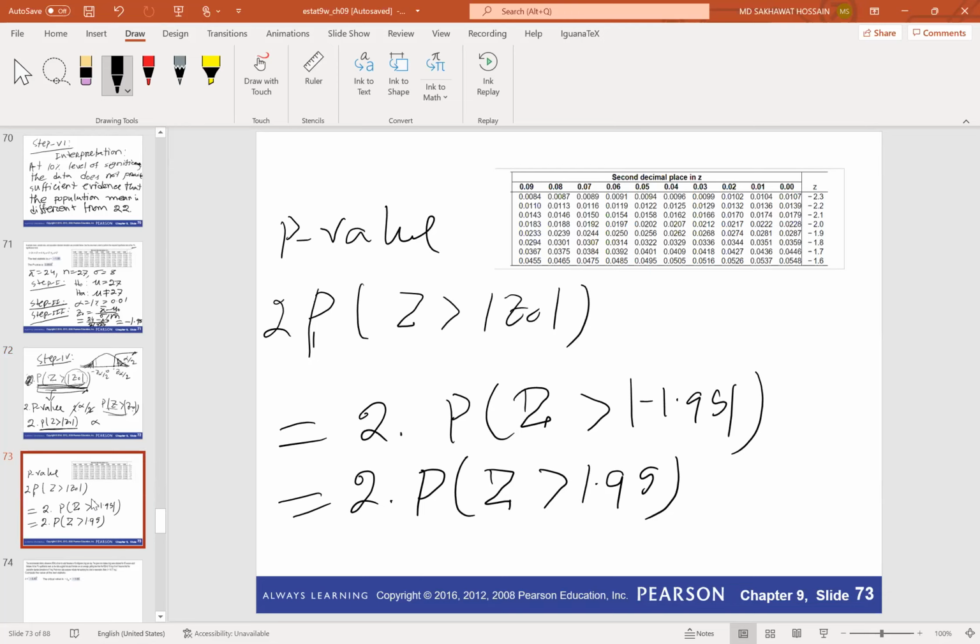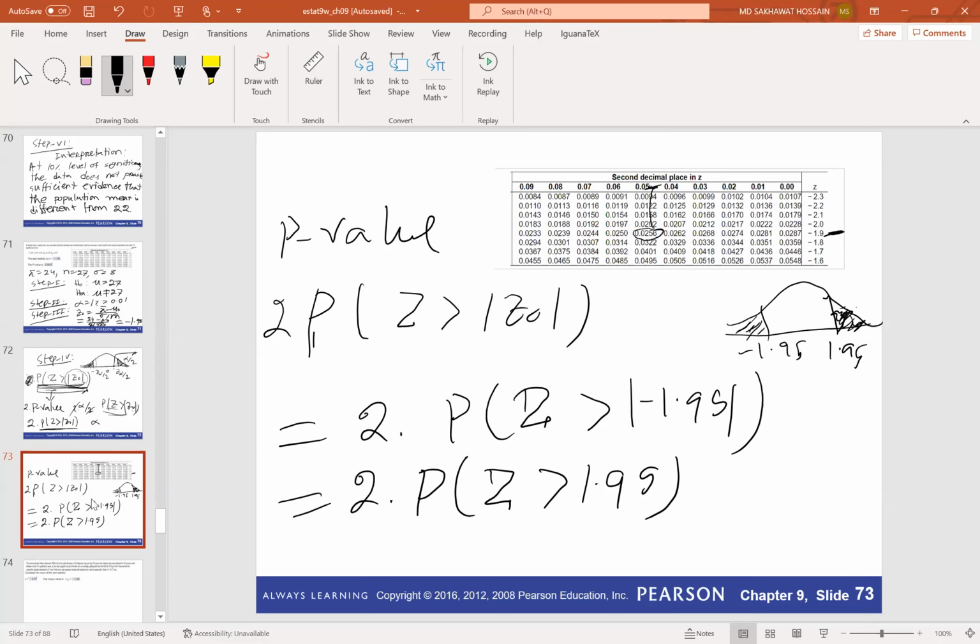So look at 1.95. We have here negative 1.95. This is 1.9 and the 5 is here. So it will be this one, 0.0256. We are looking at the negative number. It will give us this area, but we need the area on the right side. We actually need this area, but they are the same.